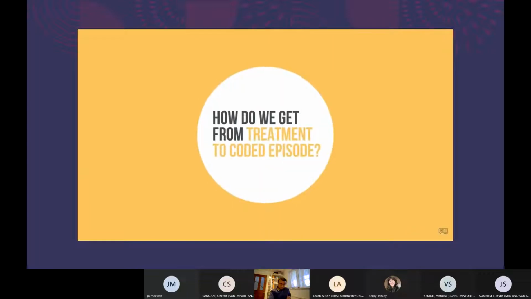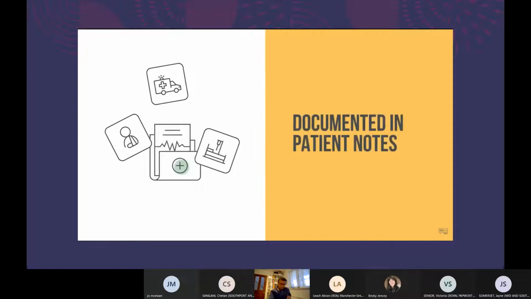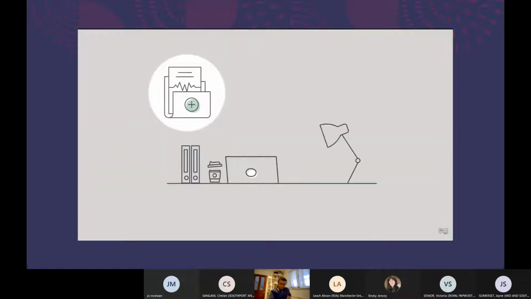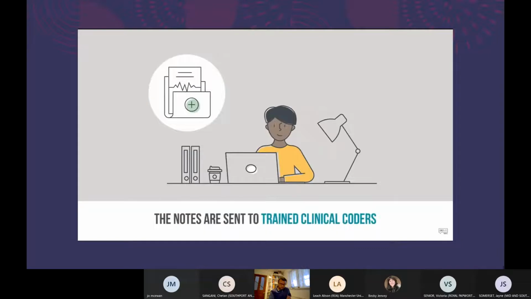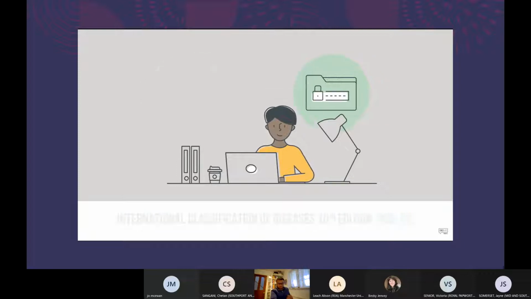So how do we get from treatment to coded episode? All care delivered during a patient episode is documented in the patient notes. Once the episode is complete, the notes are sent to clinical coding, where trained clinical coders carefully read through the notes and allocate the appropriate alphanumeric codes. For diagnoses, they use the International Classification of Diseases 10th edition, ICD-10, which comprises over 16,000 codes.